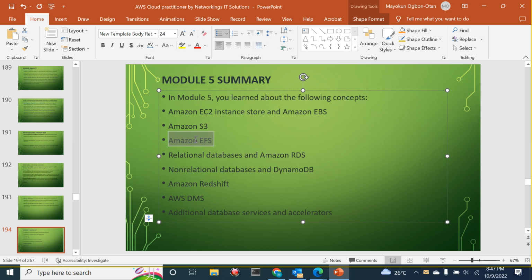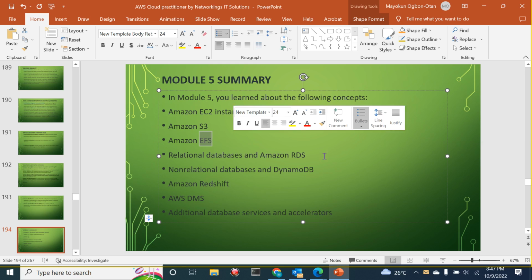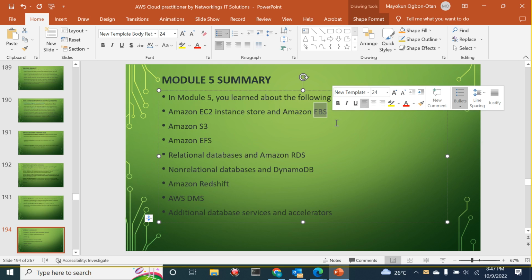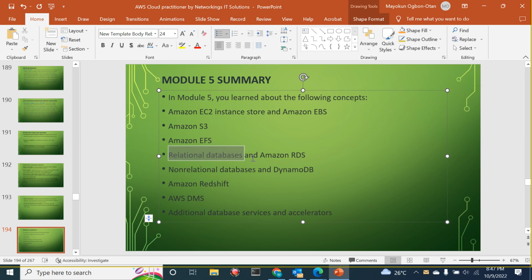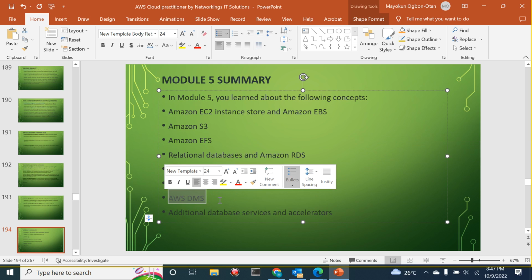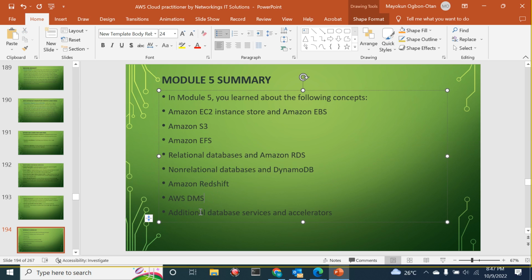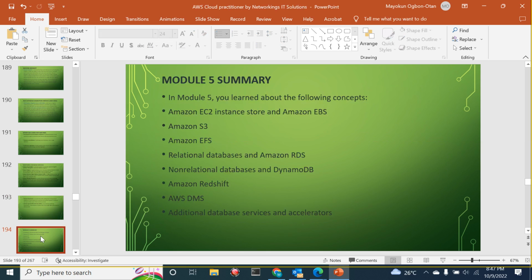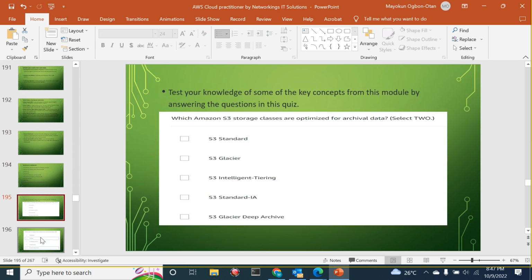We talked about EFS, and we differentiated between EFS and EBS. Please remember that. Relational database and Amazon RDS, non-relational database and DynamoDB. We talked about Amazon Redshift and then Amazon DMS and other services. So let's do some knowledge check now.